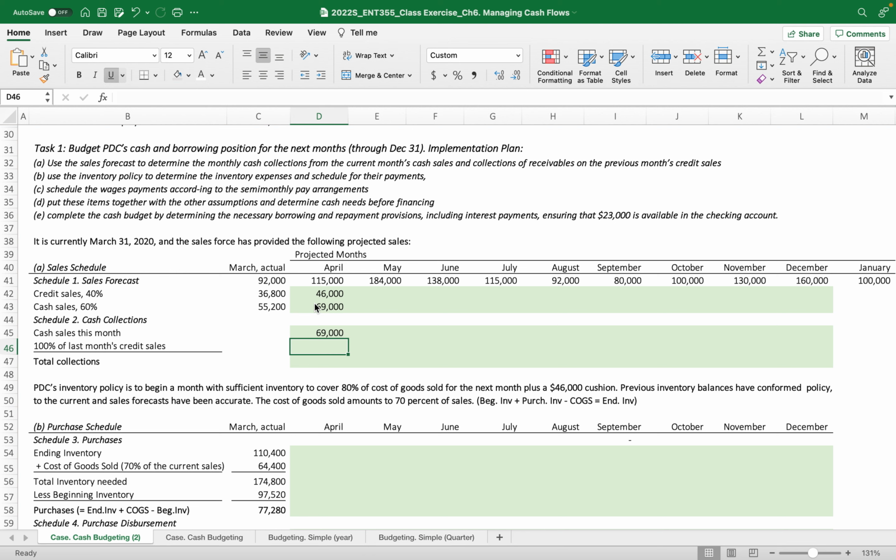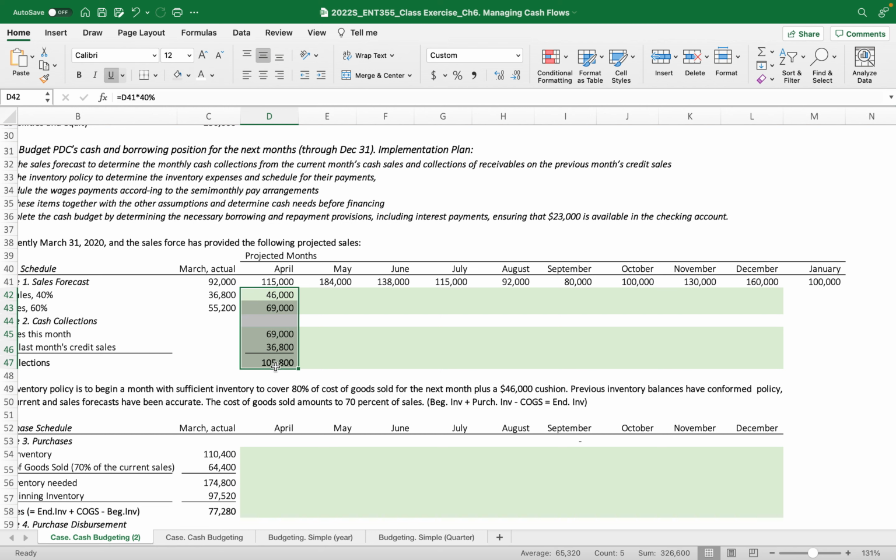But 100% of last month's credit sales should now be collected, where is this number? Right, this number. Then the sum of these two is 105,800, which is different from the sales. Why? Because the credit sales are collected next month, right? So we have a different schedule.